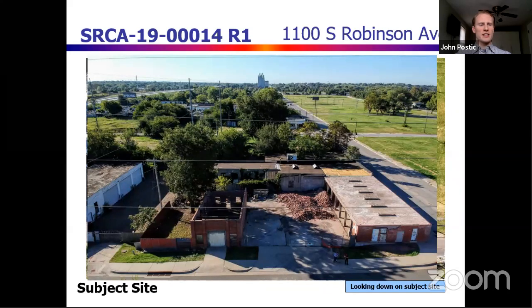The argument that I made the last time this case came before our board was that all the portions of this building at 1100 South Robinson, which in my opinion as an architect gave it architectural significance, have been removed over time due to previous owners, due to deterioration, due to weather, etc. That's certainly not on the current applicant, but it does make the reality of the building that, in my opinion, it doesn't have a great deal of architectural significance at this time.